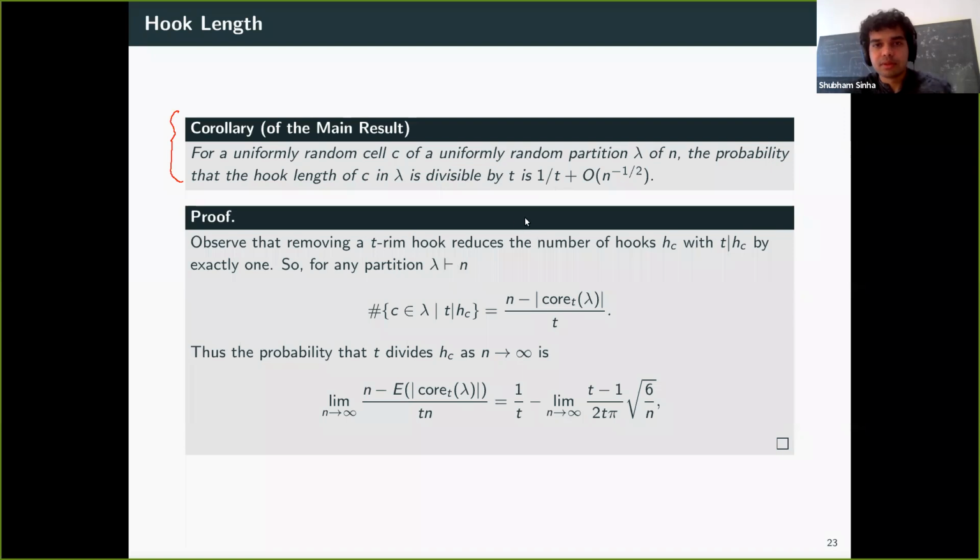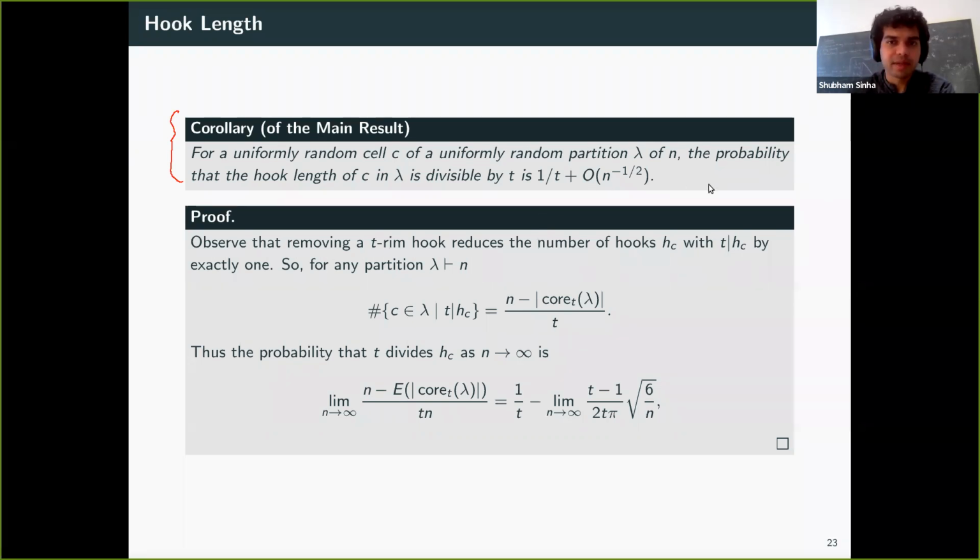So it's basically saying that the hook length of a cell is, in some sense, what you would expect in general if it's randomly distributed modulo t.